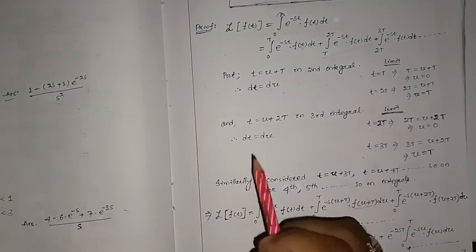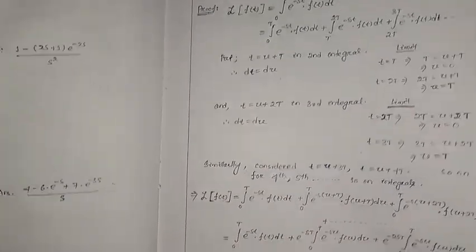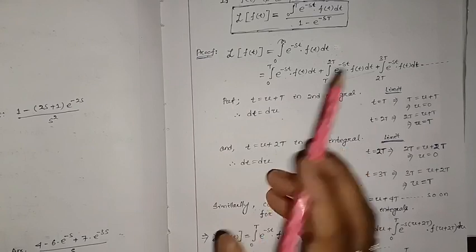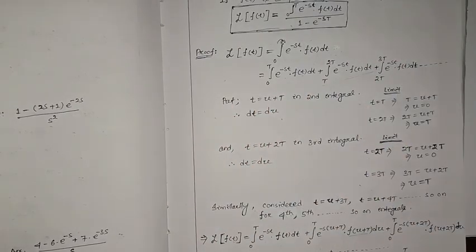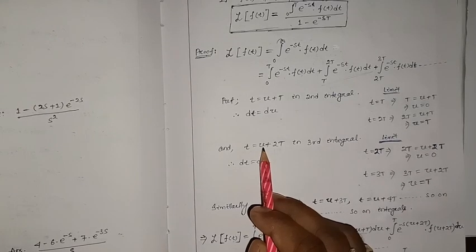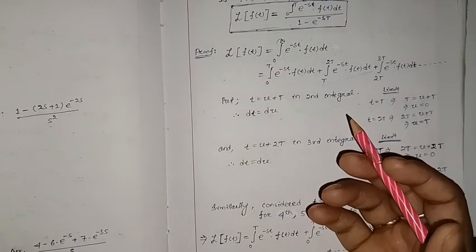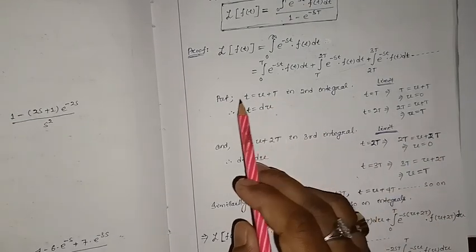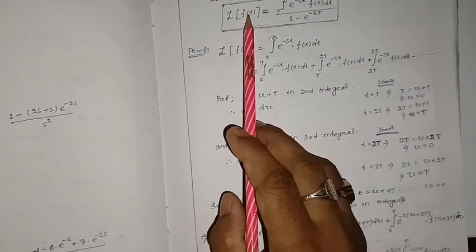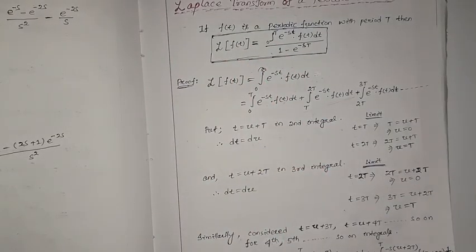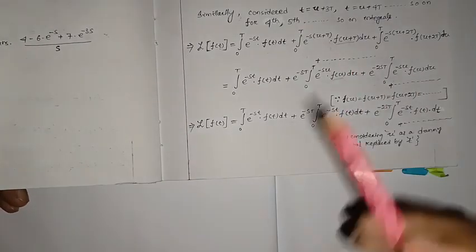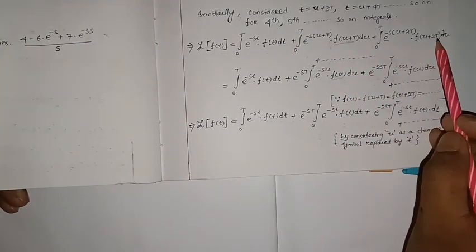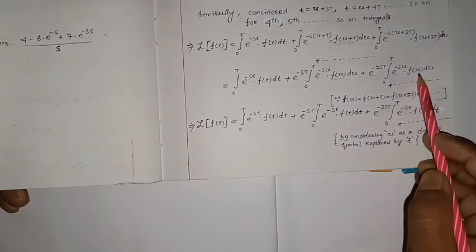So if f of t is a periodic function, then u also will be a periodic function, because here you can see u equal to t minus T, and u equal to t minus 2T also will be periodic, because I just subtracted capital T, which is the period of this function f of t. So obviously f of u also will be the periodic function. So f of u plus T will be equal to f of u, f of u plus 2T will be equal to f of u, right?